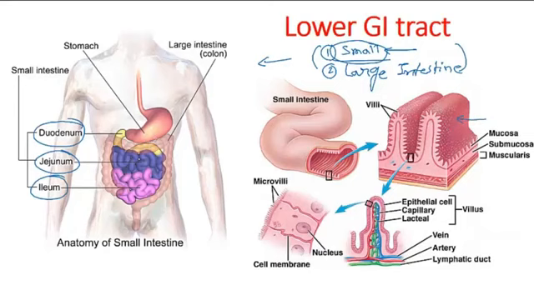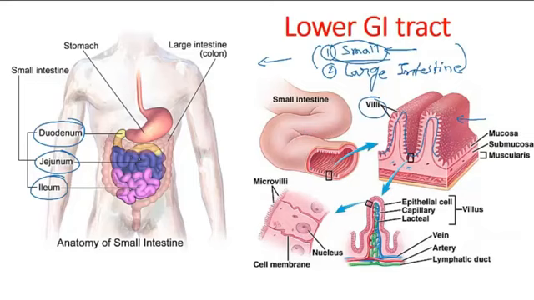In this case we also see three different layers of tissues in the inner wall of the small intestine: longitudinal, circular, as well as a third layer. But the unique feature of the small intestine is its finger-like projections known as villi.